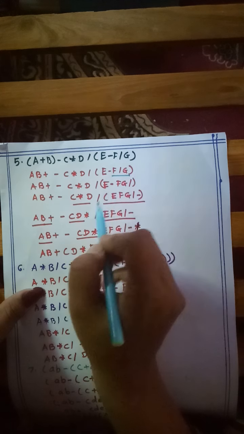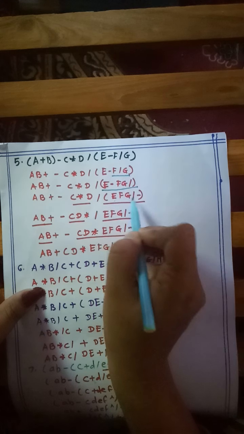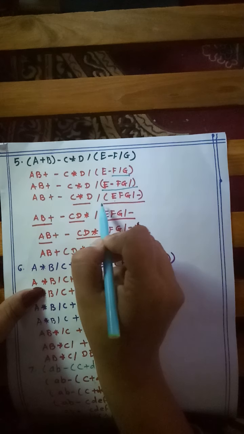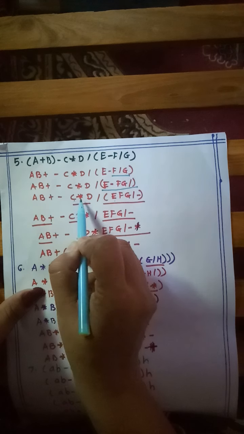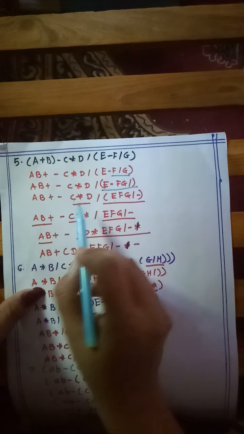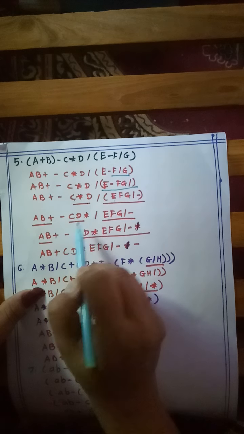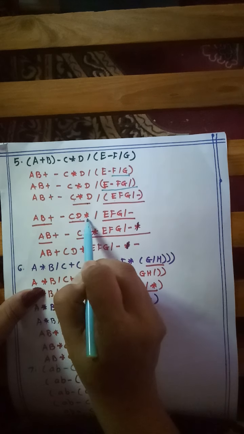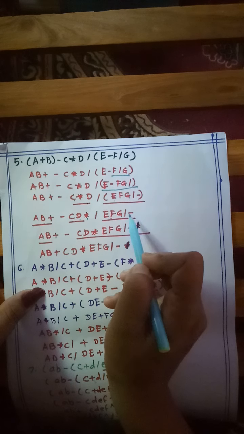Now next we solve this bracket. Now E F G slash minus, so this one is solved. Now next C star D, this term will be converted into the postfix form: C D star slash E F G slash minus.